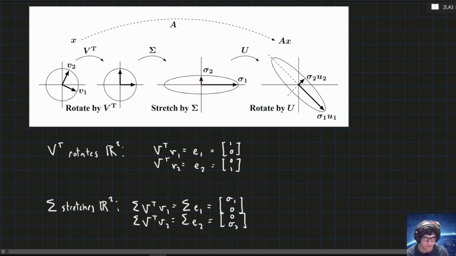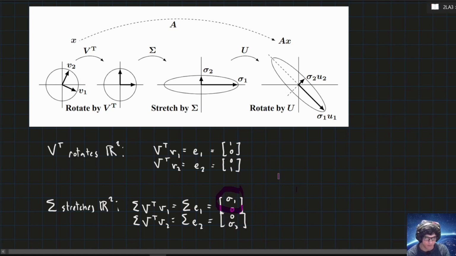So it stretches this vector out to sigma 1, and it stretches E2 out to sigma 2 like this. To be more precise, this diagram should say E1 times sigma 1 and E2 times sigma 2. It should equal these vectors here.